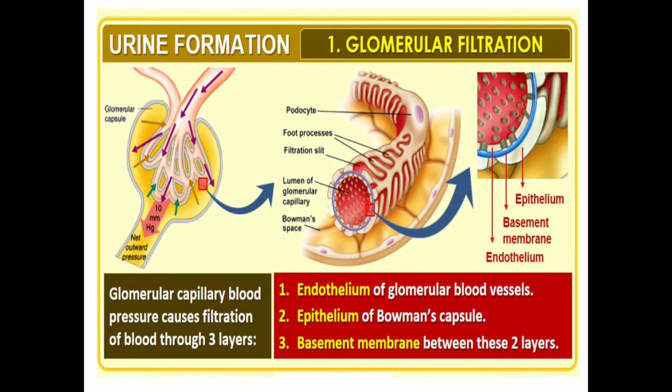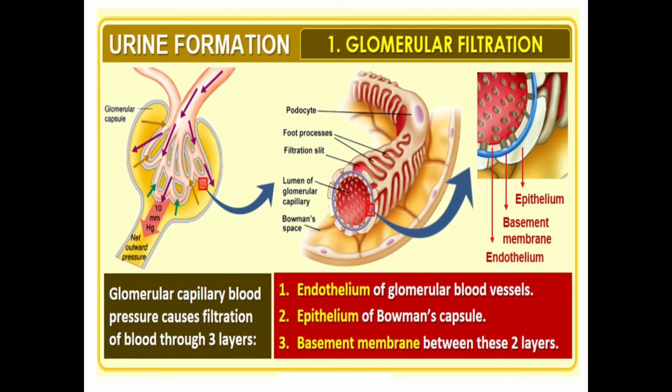The epithelial cells of Bowman's capsule, called podocytes, leave some minute spaces called filtration slits or filtration pores, through which all the constituents of the plasma except the proteins are passed into the lumen of Bowman's capsule.